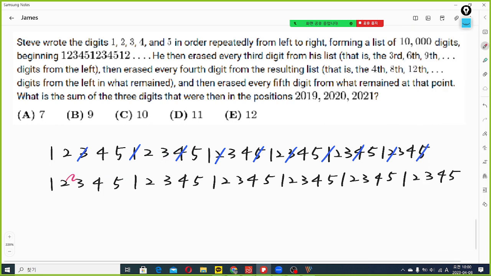And then in the remaining numbers, we can remove every fourth digit like this. Once again, because the last number is removed from the top list, the same thing will happen in the bottom list.